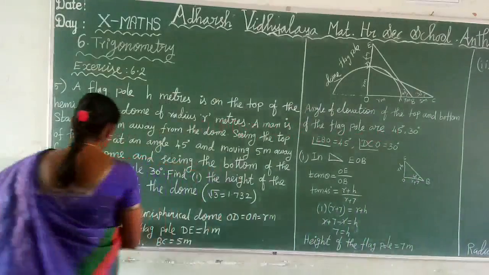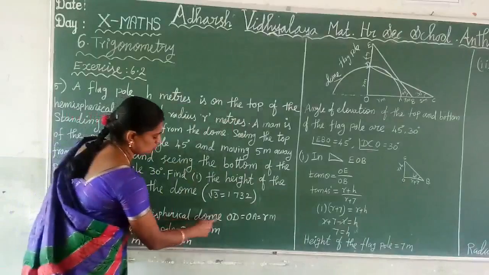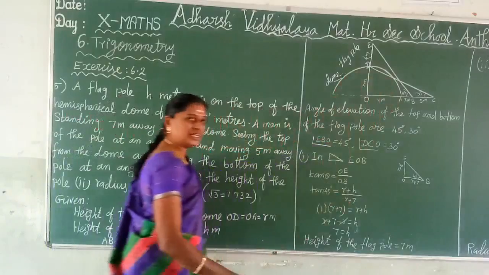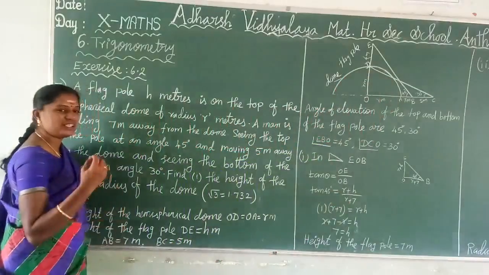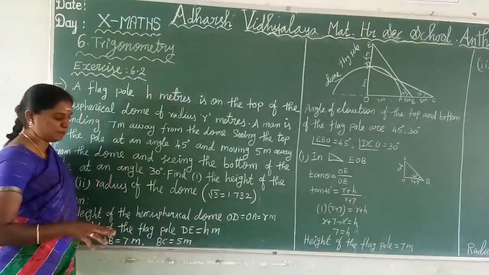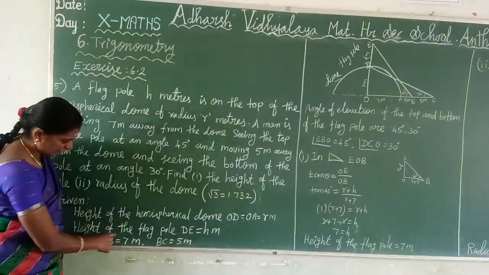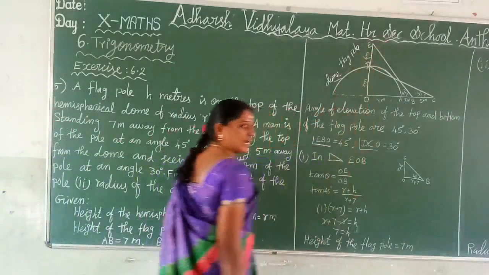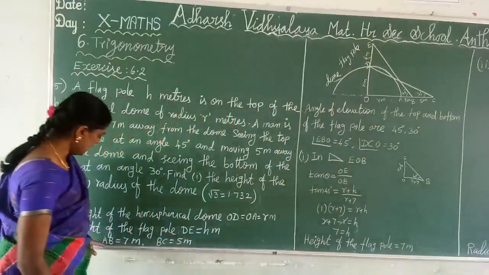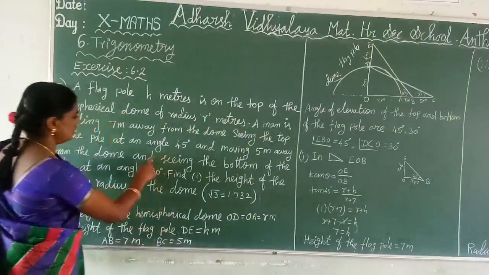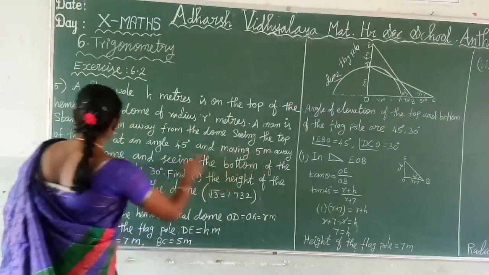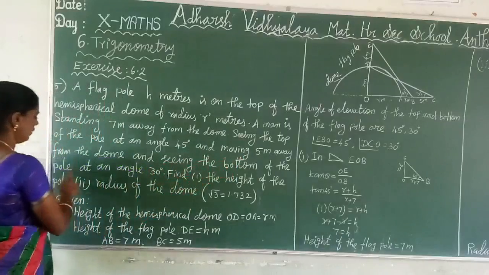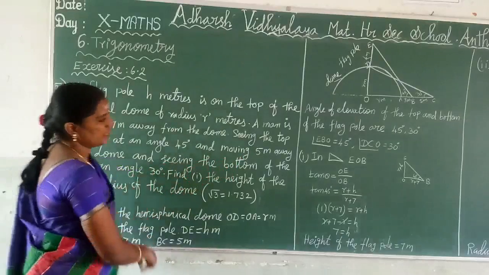What are the given? Height of the hemispherical dome OD equal to, that is OD and OA are same, that is radius, and radius of the hemispherical dome also the same. And height of the flagpole DE. DE is h meter. And AB, the distance here itself given. Moving 5 meter away from the dome and seeing the bottom of the flagpole at an angle 30 degree.